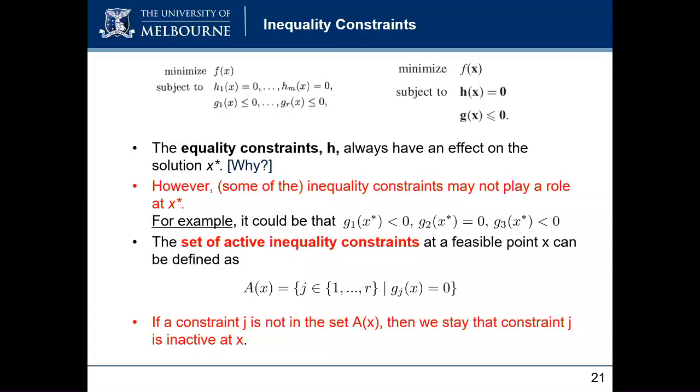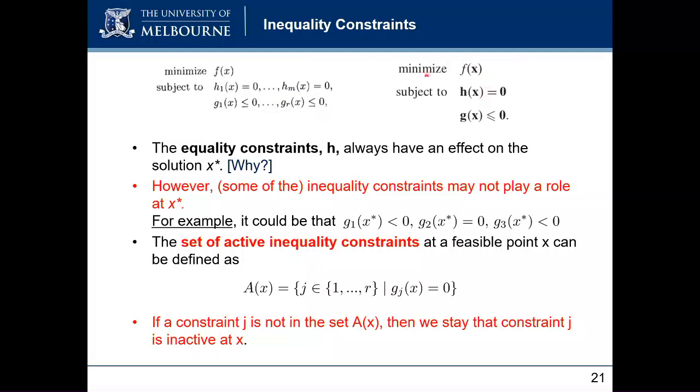So inequality constraints. It's actually quite straightforward to put them into the picture once we know how to deal with the equality constraints. So it's an extension again. Now we not only have this set of equality constraints for x, a vector in the most general case, but we also have a set of inequality constraints. The intersection of all those, as we discussed in the very beginning, determines our constraint set.